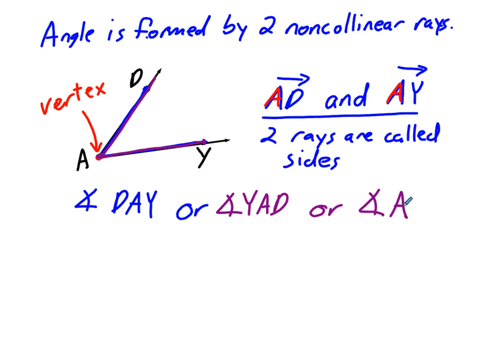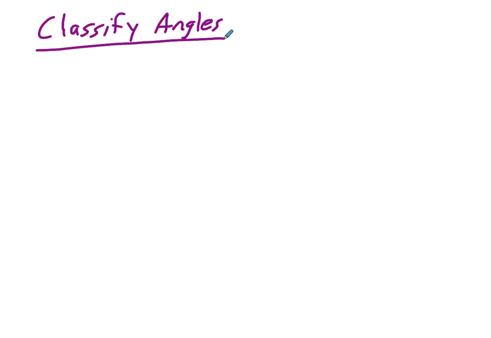Then finally, let's talk about classifying angles. Angles are classified based on their angle measure. We have three main angles that we talk about. The first one is acute. An acute angle measures less than 90 degrees.